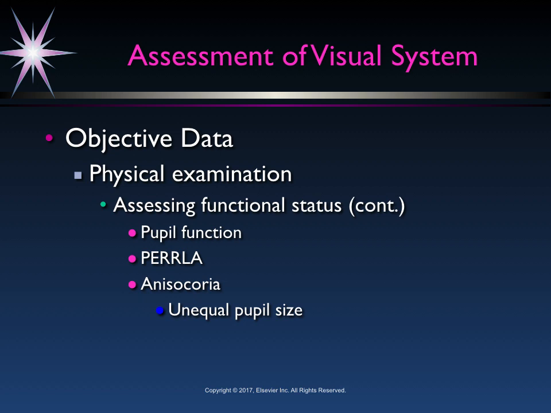There's a small percentage of the population that has pupils that are unequal in size, and that's called anisocoria. The pupils should react to light directly, in other words, constricting when the light shines into the eyes. And the pupil should react to light consensually, meaning that when the light shines into the opposite eye, it constricts in both eyes.